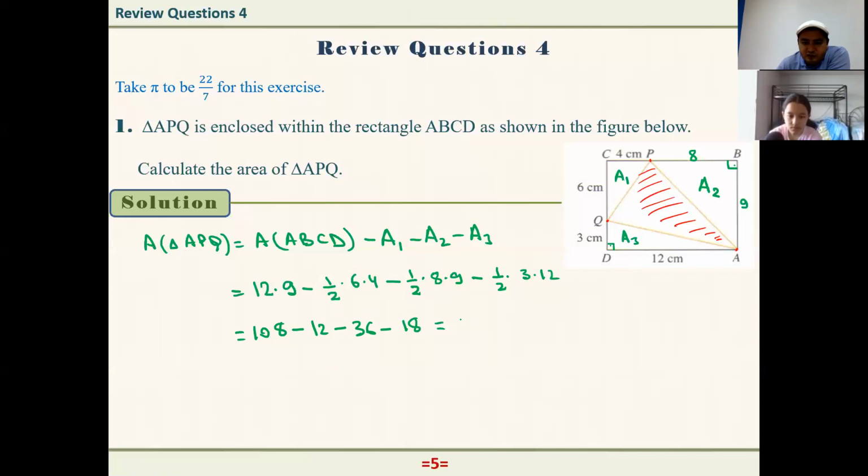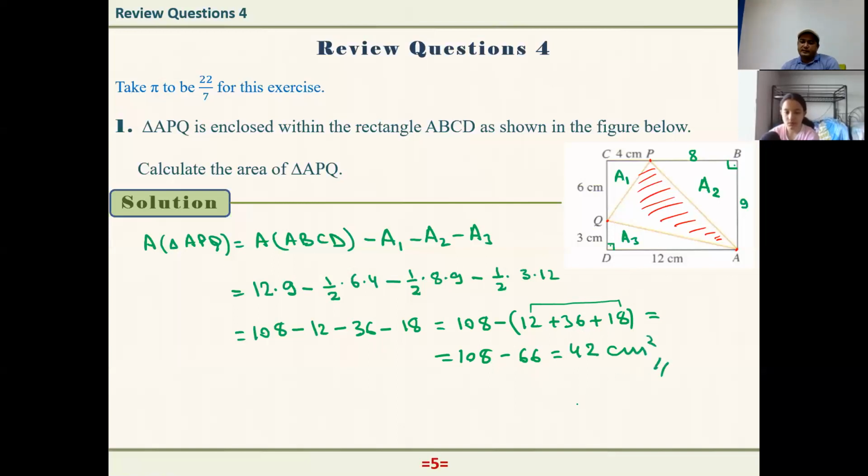Actually, I can just do it like this: 108 minus, taking the minus outside, 12 plus 36 plus 18, which is 108 minus 66, equals 42 square centimeters. Therefore, the area of triangle APQ equals 42 square centimeters.